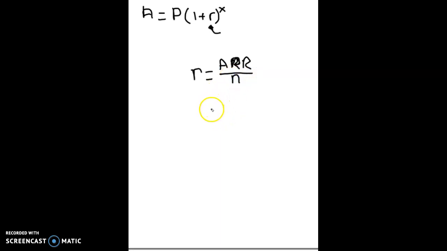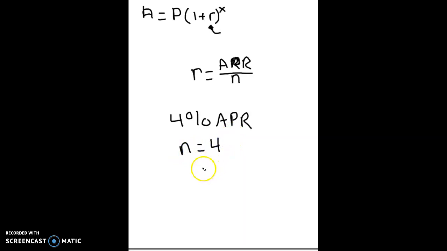So for example, the one homework question you had referred to 4% APR, so 4% rate, and it was happening on a compounding quarterly basis, which means the number of times it's happening is 4.